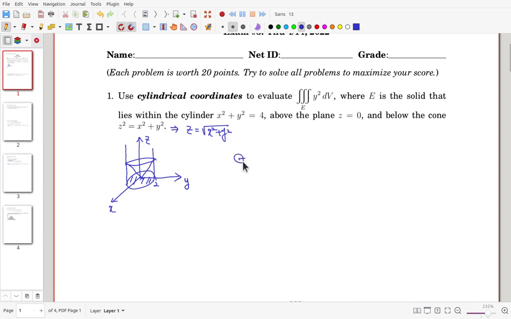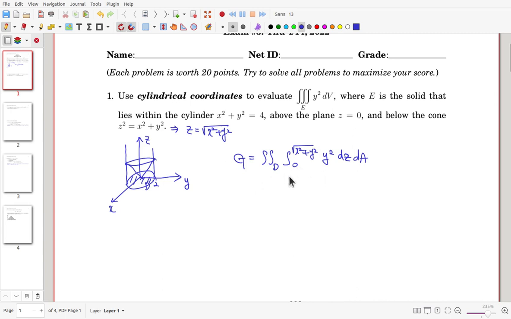So the given integral is over the bottom region D, from bottom z, which is 0, the plane z equals 0, to top z, the square root of x squared plus y squared, and the integrand is y squared, and then dA, right? That's the formula you have to evaluate.